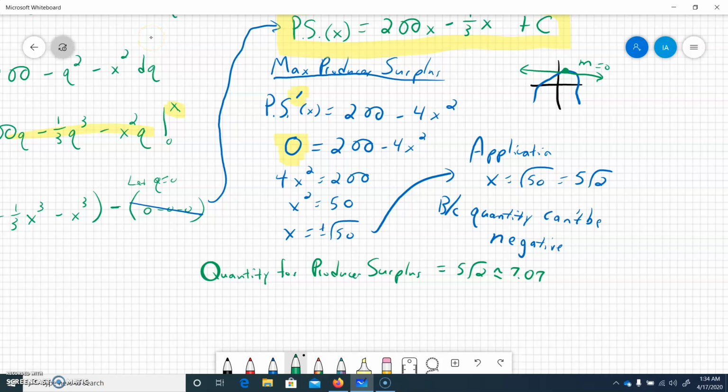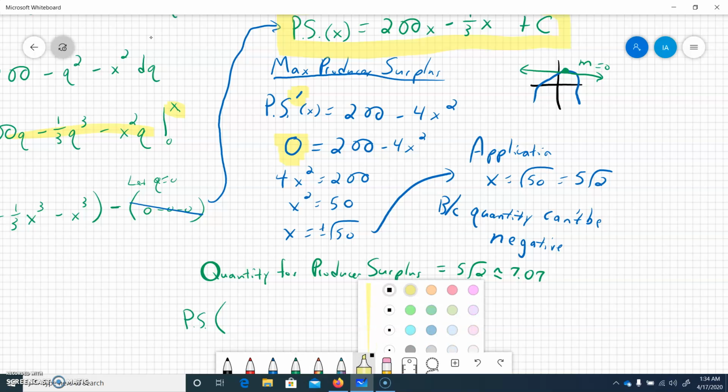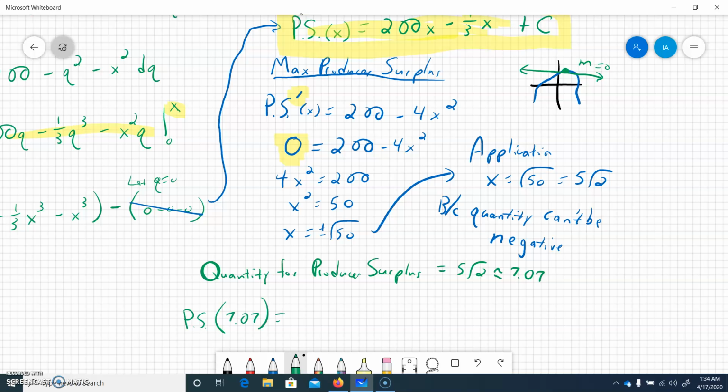So we'll go back to the formula that was up here, and we will plug in the 5 square roots of 2, or 7.07. Let's see, 200 times 7.07 minus 1/3 7.07 cubed. So in my calculator, I'm going to try that out.